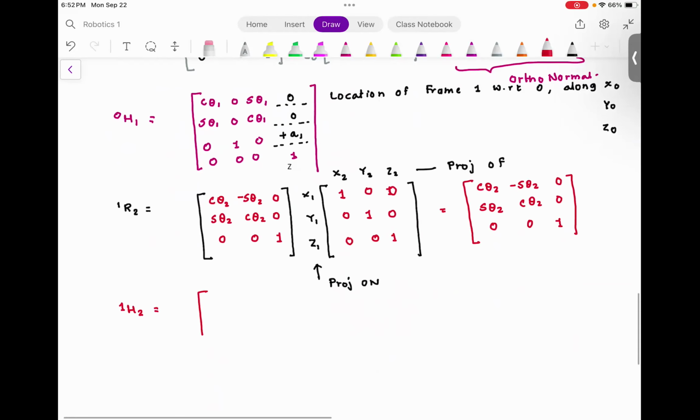And when I write the homogeneous transformation, first I need to duplicate the same matrix, and then add 0, 0, 0, and now you have 1.